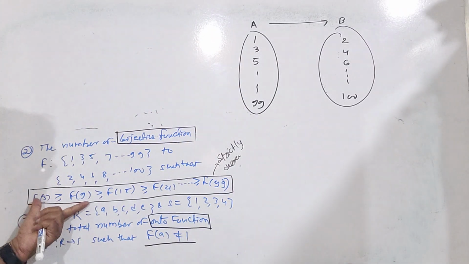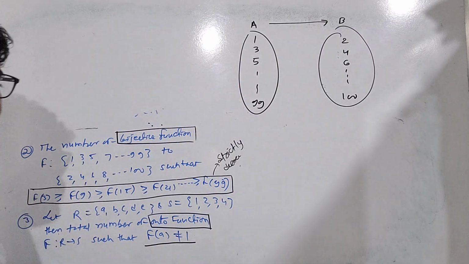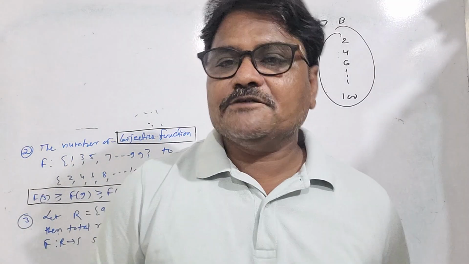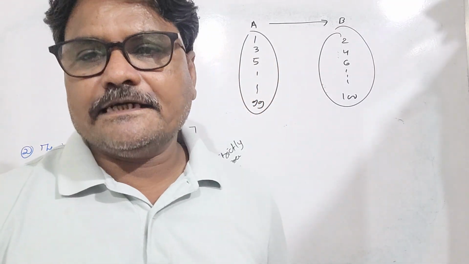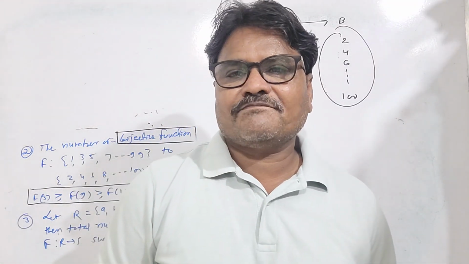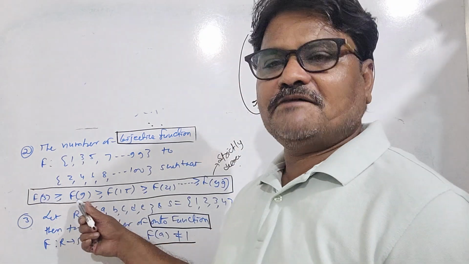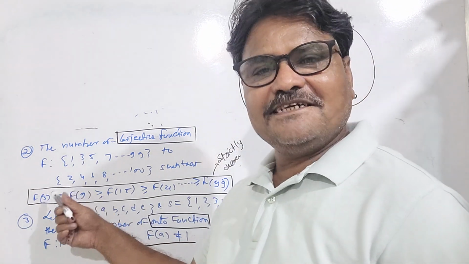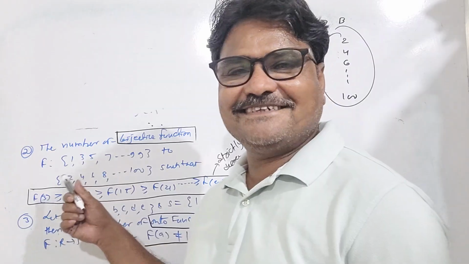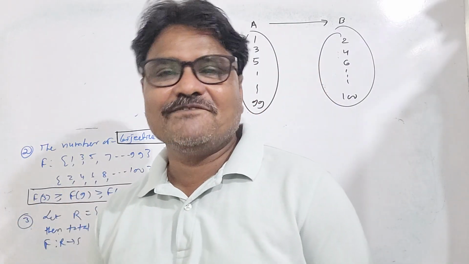The restriction is this: f of 3 is greater than or equal to f of 9. If it is bijective, then as I have already explained, it should be one-one. If it is one-one, then f of 3 cannot be equal to f of 9. Only f of 3 can be greater than f of 9. So therefore it is a one-one function.